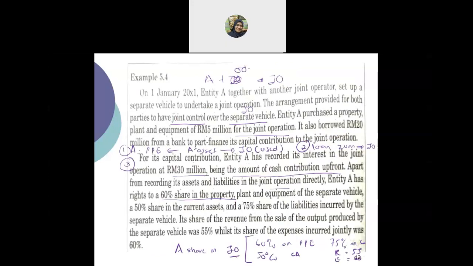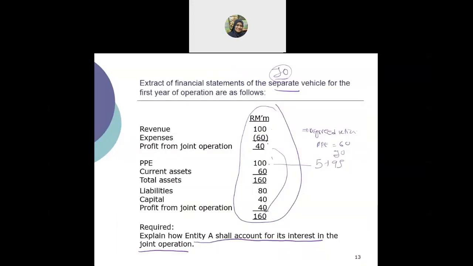All the items here will be shared based on this. So every single item that you have in the financial statements of the separate vehicle needs to be multiplied by the share of outcome.